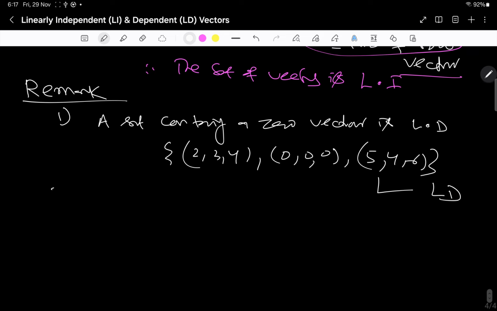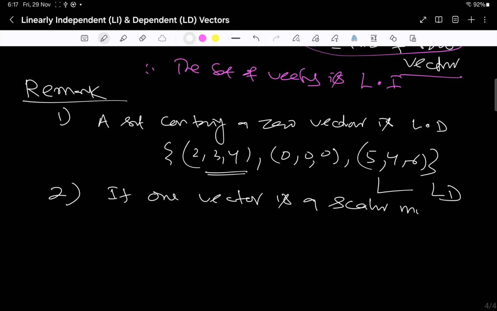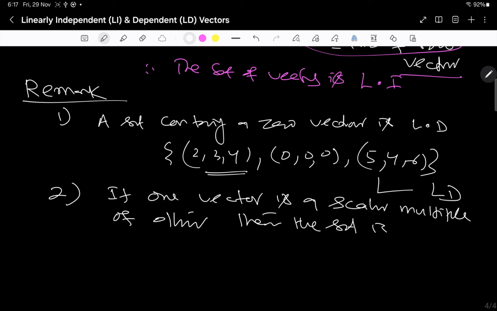The second property is if one vector is a scalar multiple of another, then the set is LD.